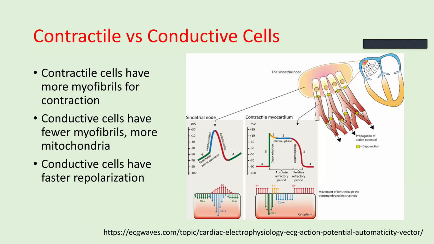Conductive cardiomyocytes, such as those found in your SA node, have fewer myofibrils but a higher number of mitochondria, allowing them to generate the necessary electrical impulses. Additionally, conductive cells have a faster repolarization phase, enabling them to rapidly reset and generate the next action potential.